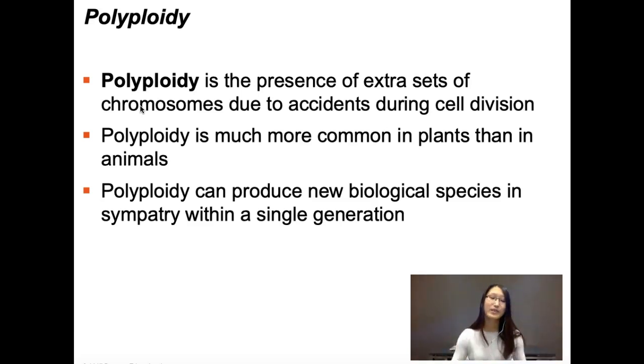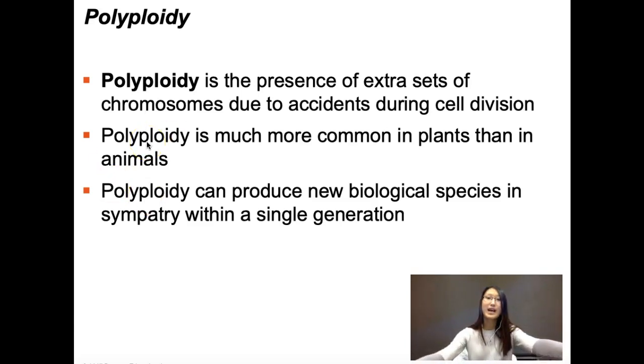But this polyploidy process, for the most part, happens in meiosis. If you think about meiosis 1, where the homologous chromosomes are supposed to be separated, or meiosis 2, where the sister chromatids are supposed to be separated, if that process doesn't happen, this is called non-disjunction, your daughter cells are going to have more than the normal amount of sets of chromosomes. And this will result in polyploidy.